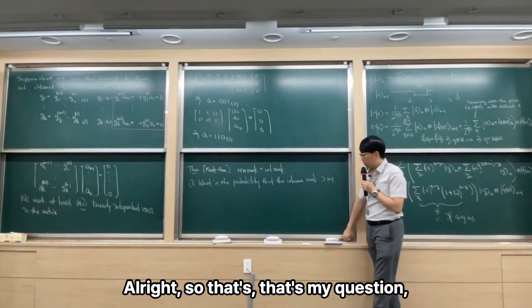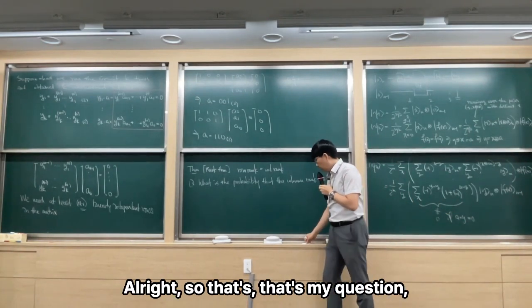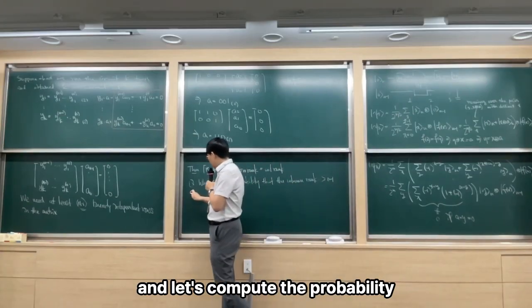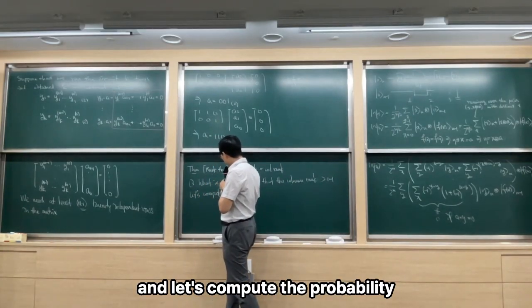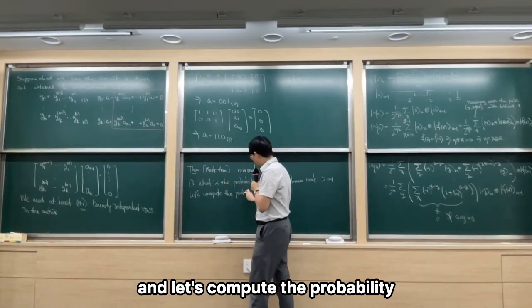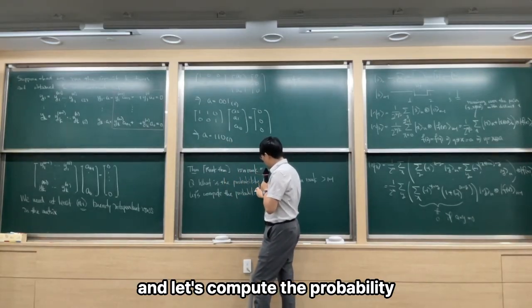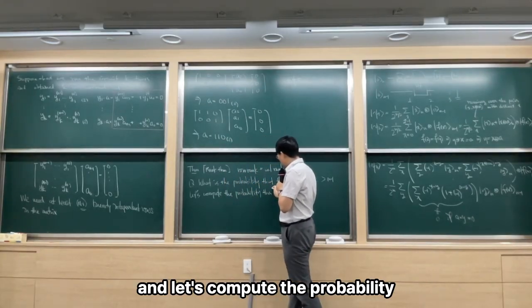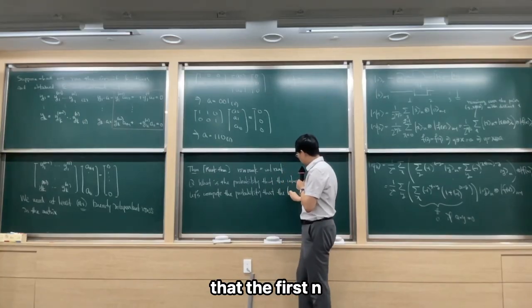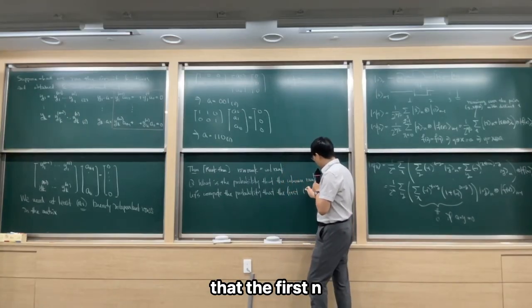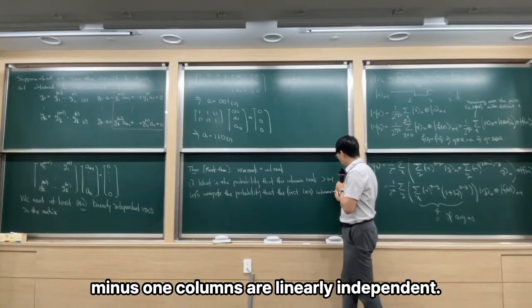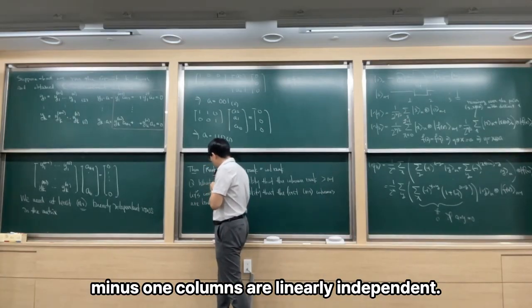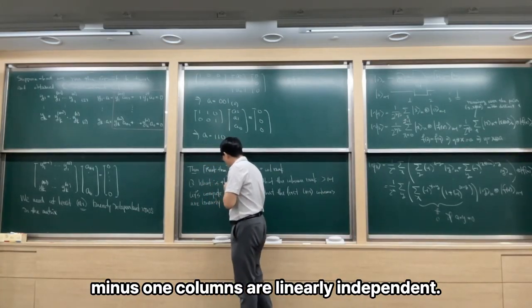Let's compute the probability that the first n minus 1 columns are linearly independent.